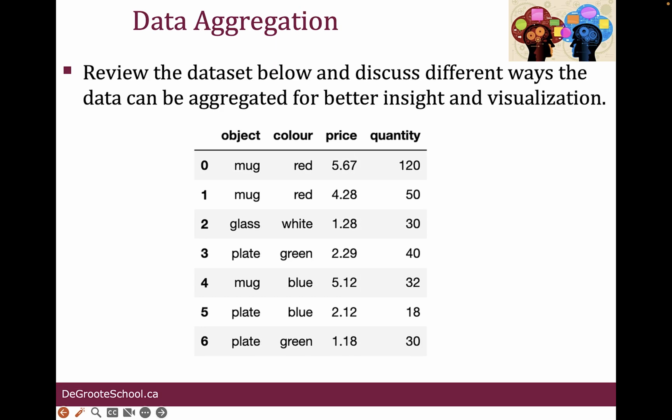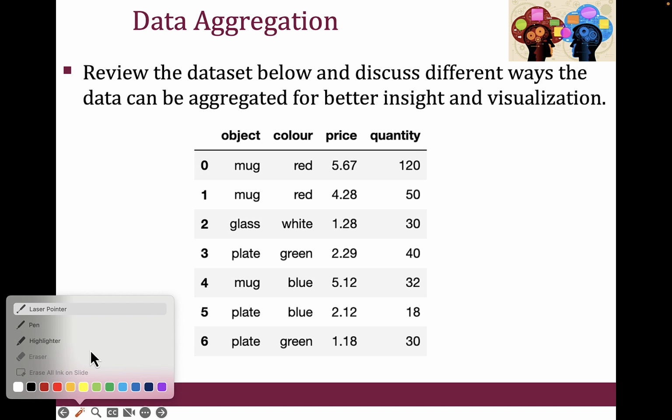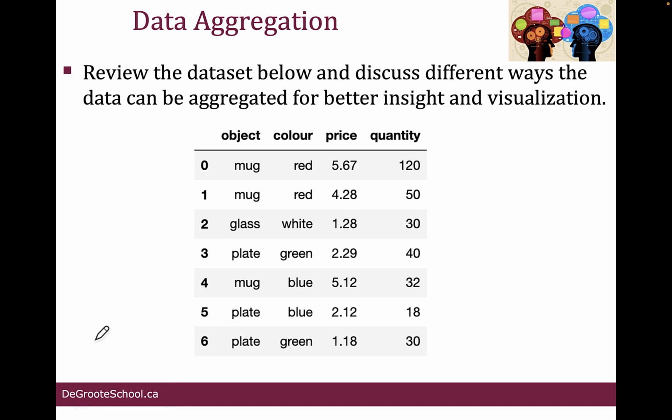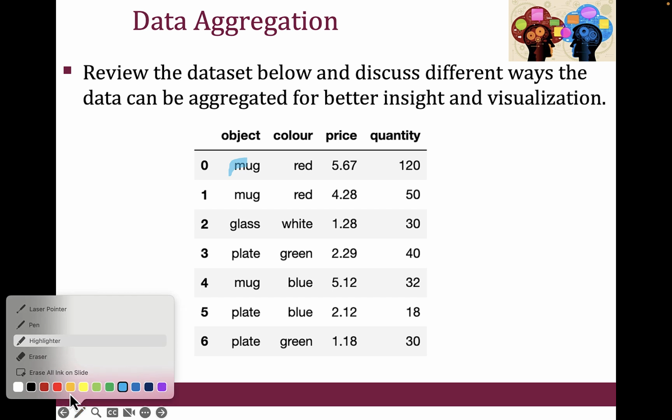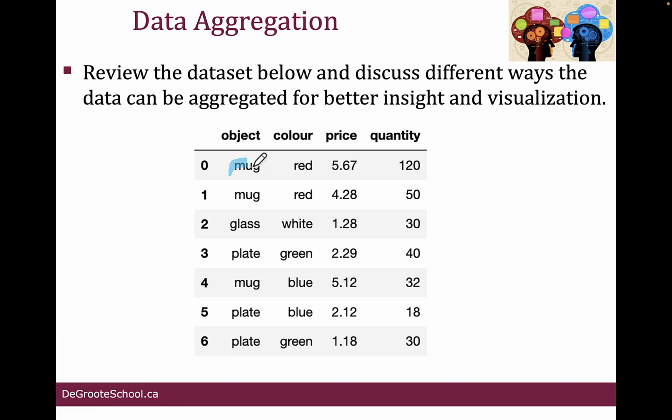Let's take a quick look at the original data frame. Well, this time I'm considering both the object column and the color column. It means that, for example, for mugs, the 2 red mugs will be a group.